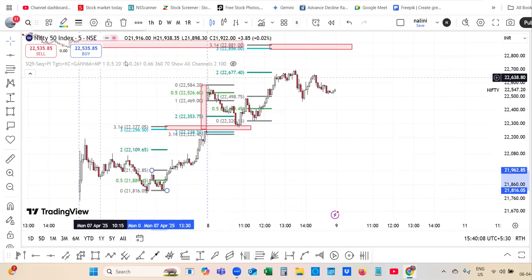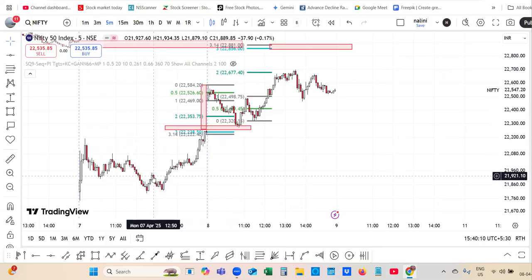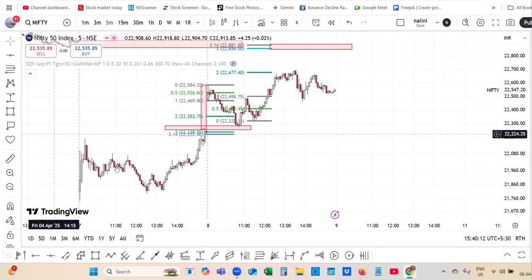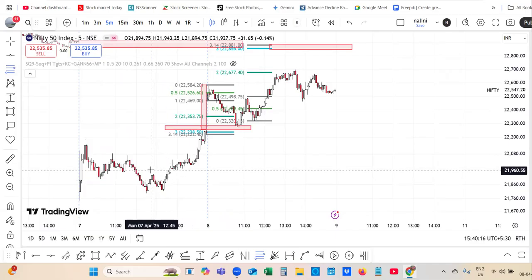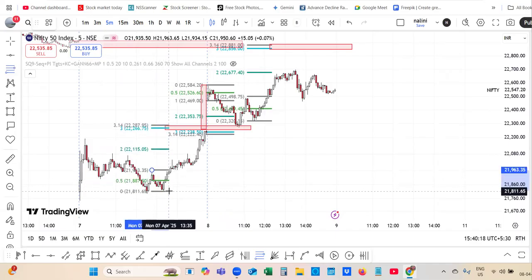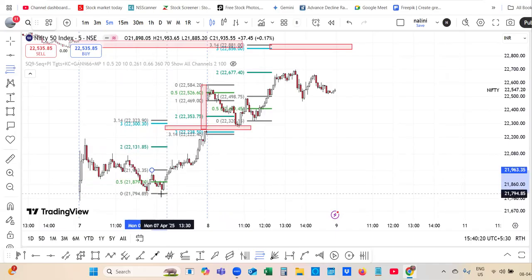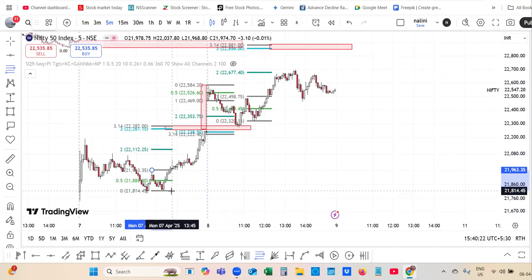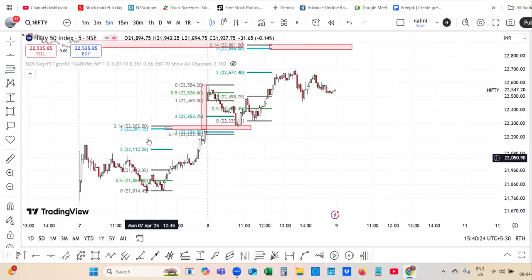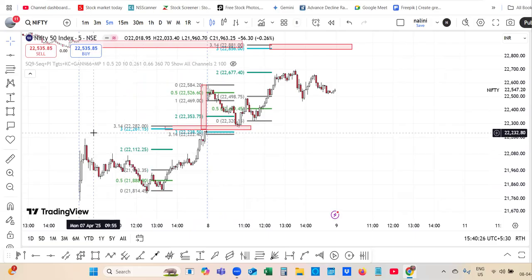That's how I do it: when there is a change of character, when the price makes a higher high, from that level I put this tool, which I have explained in my previous videos, that is 3 cycles.